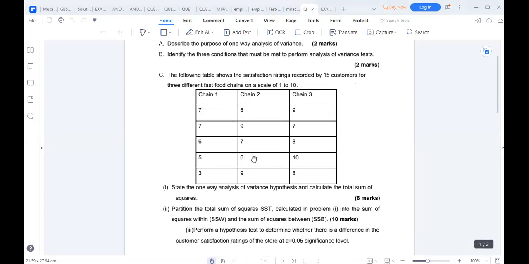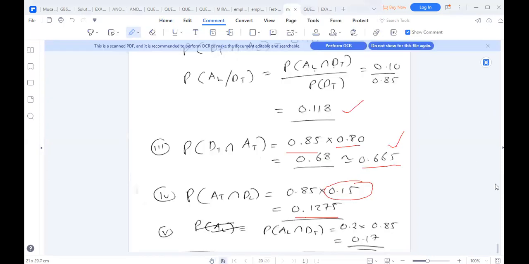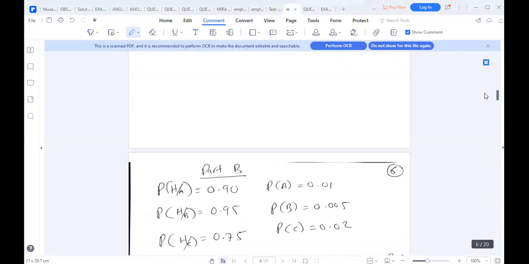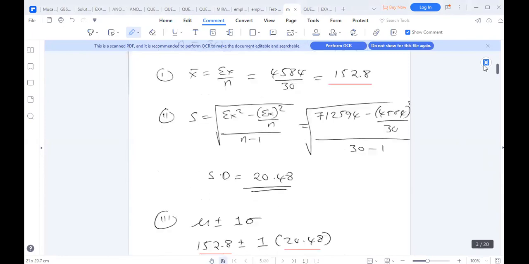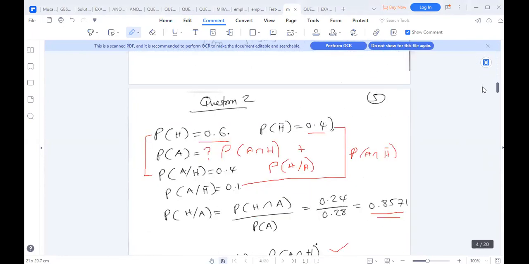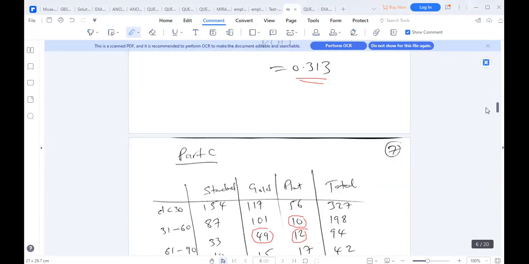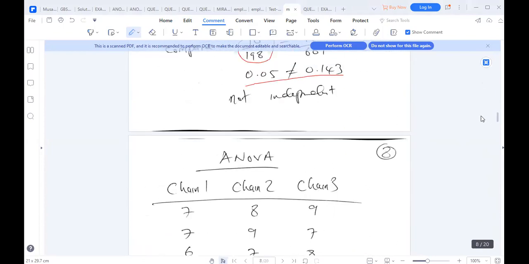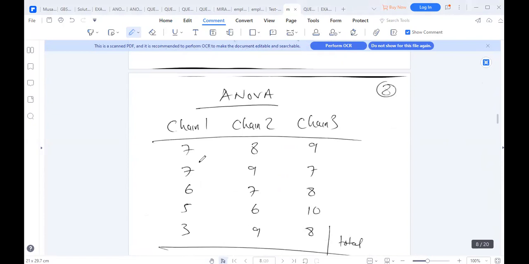Then we're given this question to perform a one-way ANOVA and to test it. To test this one, we are first going to add the totals. So the totals for each chain 1, 2, and 3. We add this, we get 28. Count them, there are 5.